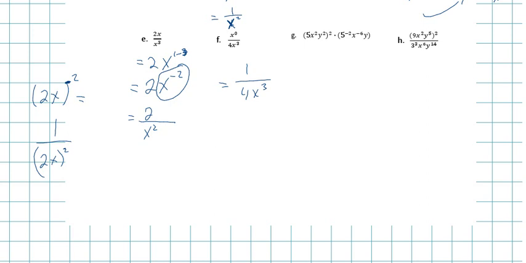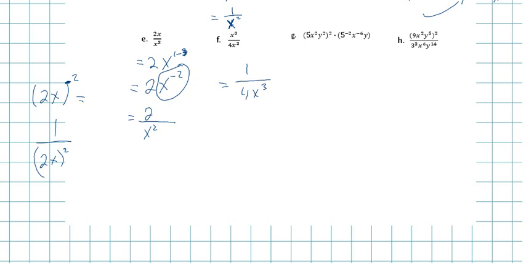Okay, it's getting harder. Next one. What's the first thing I want to deal with? The first bracket, right? Why do I want to deal with the first bracket? It's because it has the exponent, okay? I want to deal with that exponent first. So what do I get if I deal with that exponent?